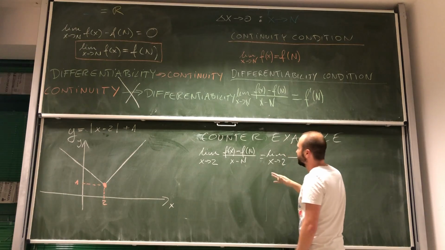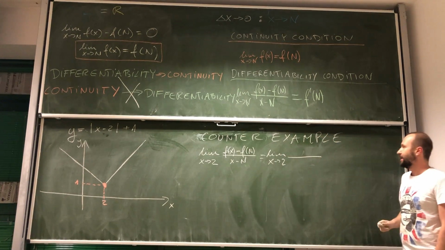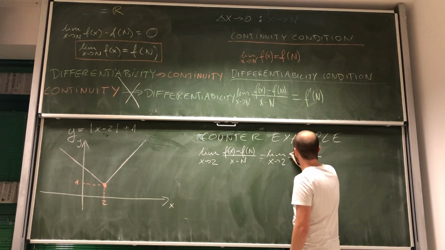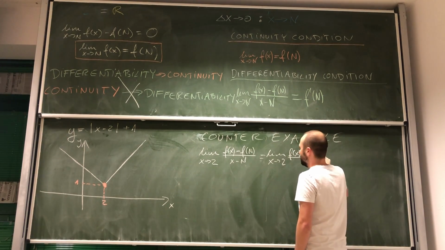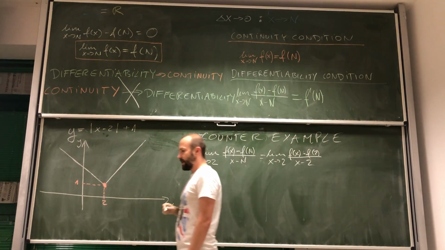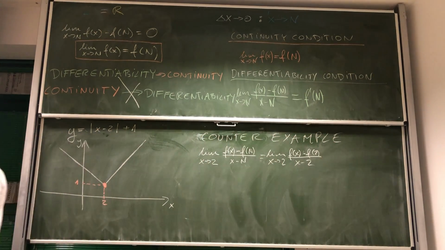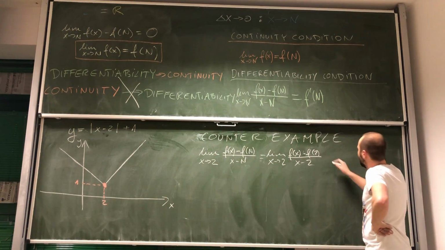That is the point at which we are going to prove that something wrong is happening. So we will have f of x minus f of 2 over x minus 2. Now knowing this, we can easily start substituting for f of x and f of 2.